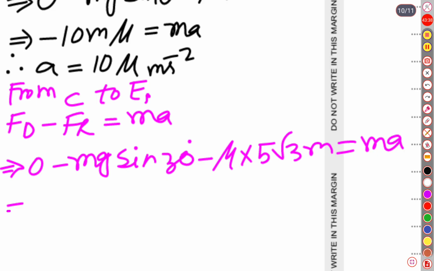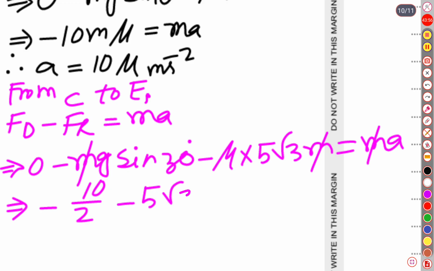Now m can be dissolved from everywhere. Then sin 30 is half. Acceleration due to gravity is 10, so it is negative 10 over 2 minus 5 square root of 3 mu equals a.